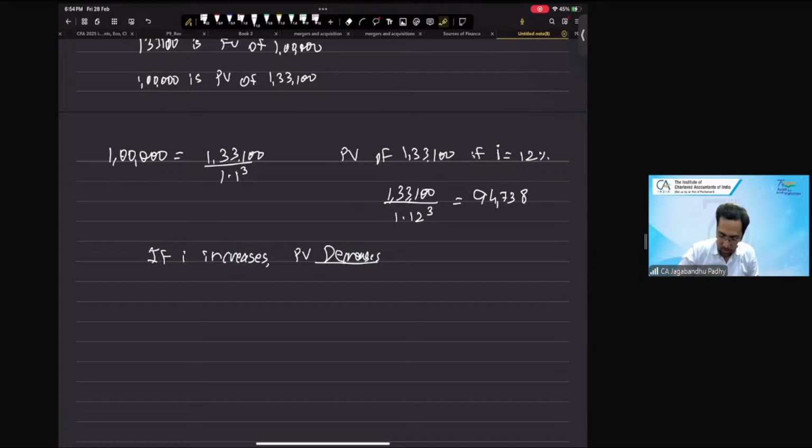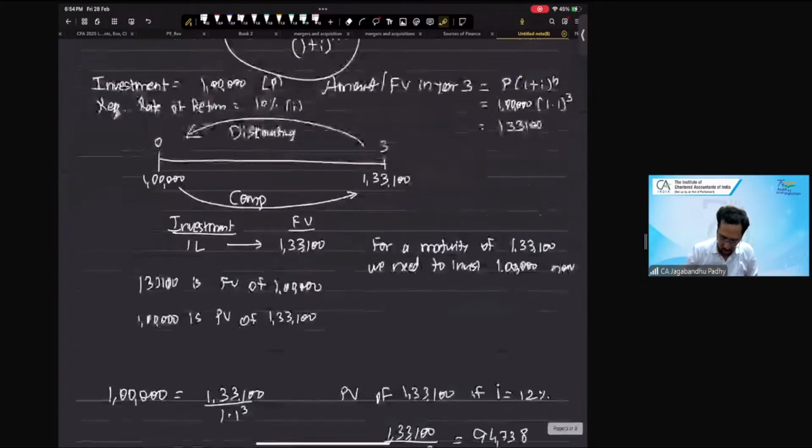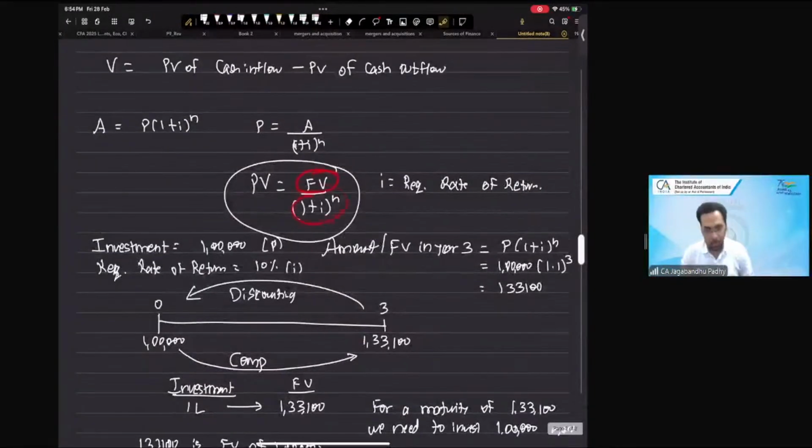Decreases, right? So that's where we say in our formula, future value upon 1 plus I raised to n, that I is simply your required rate of return. If you increase your required rate of return, the PV is going to fall down.